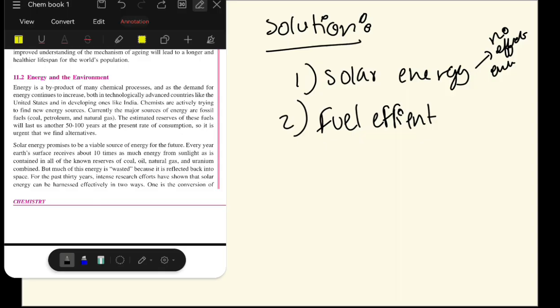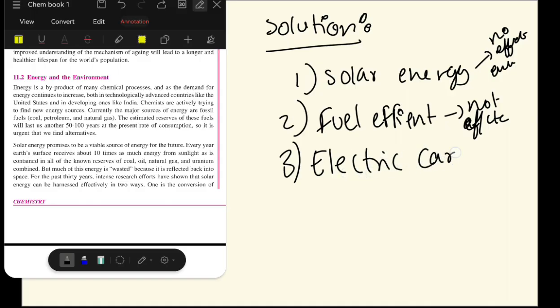So when they reach the atmosphere, they don't have carbon dioxide, nitrogen or sulfur oxide, and they will not affect the atmosphere. And the third way we can use is electric cars with long durable batteries, which should be available by 2050 or the next century.